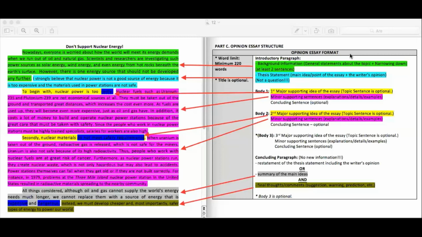And in the concluding paragraph, the writer summarizes the main ideas of the supporting paragraphs. I marked them with dark blue. And finally, the writer finishes the essay with final thoughts.